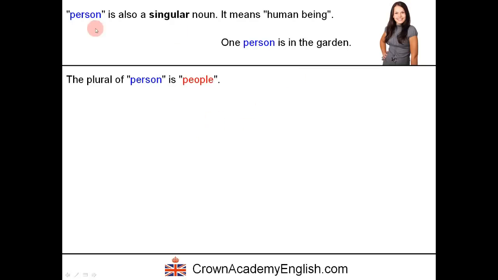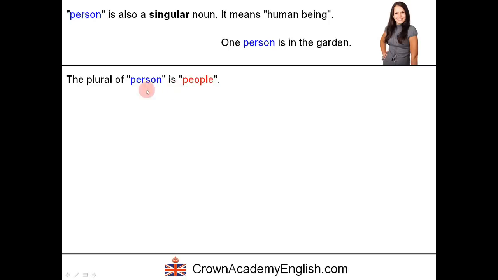Now, what is the plural of person? So this is the important part of the lesson. The plural of person is people. It's not persons. The plural is not persons, no. The plural of person is irregular. It is not regular.